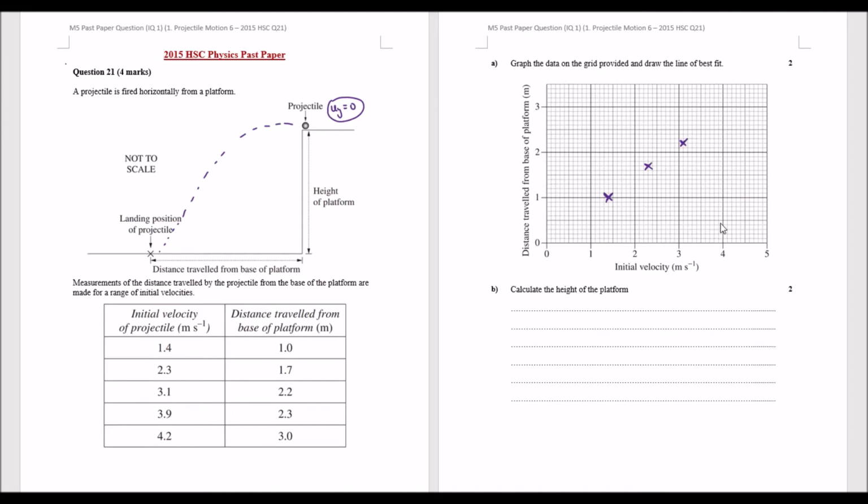We have 3.9, which is roughly 2.3, so 2.3 is roughly this position here, I believe. Yep, looks like it. And then we have 4.2, and it is at the mark of number 3. Okay, so that's what we have here.